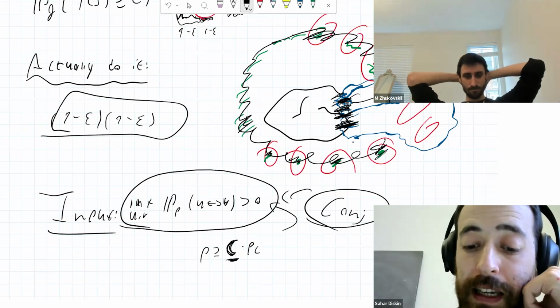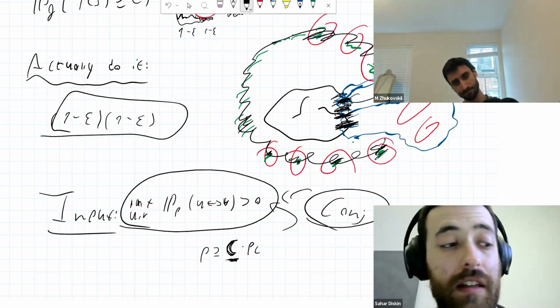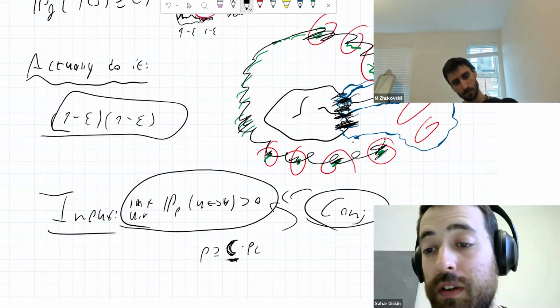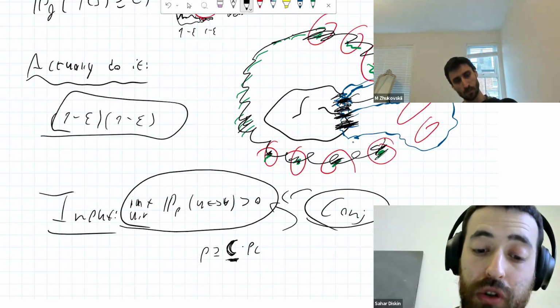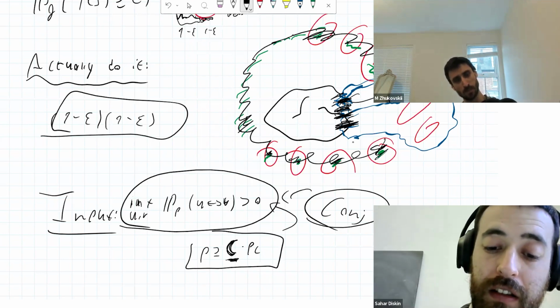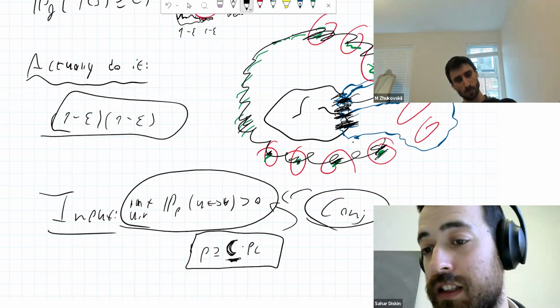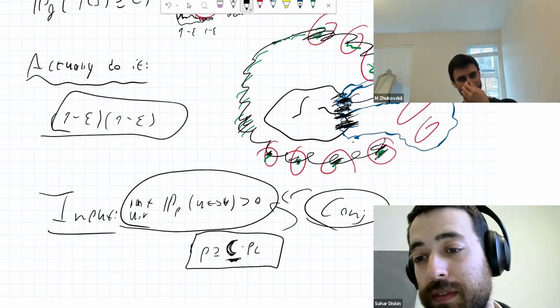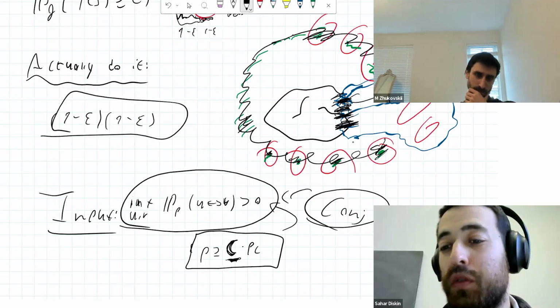Now this makes sense if PC goes to 0. So when the degree grows to infinity in finite graphs, for example, this makes sense. And C is some constant, nothing that depends on the graph. So it would be very awkward if there were two phase transitions.